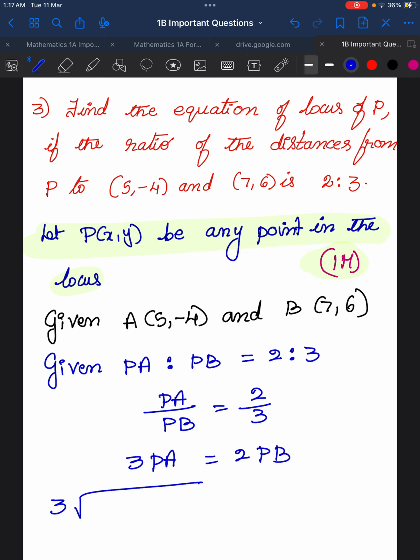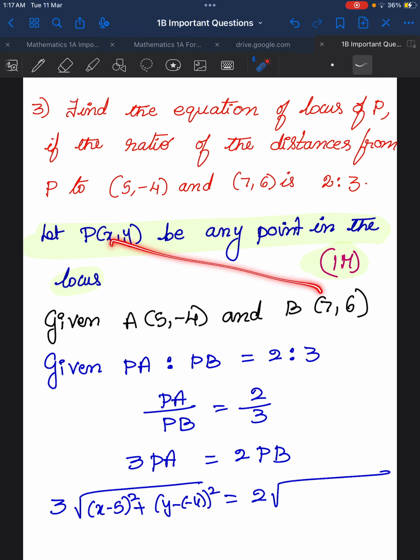So what I am writing: root of x minus 5 whole square plus y minus of minus 4 whole square. Try to remember this is equal to 2 times square root of PB, P to B: x minus 7 whole square plus y minus 6 whole square.